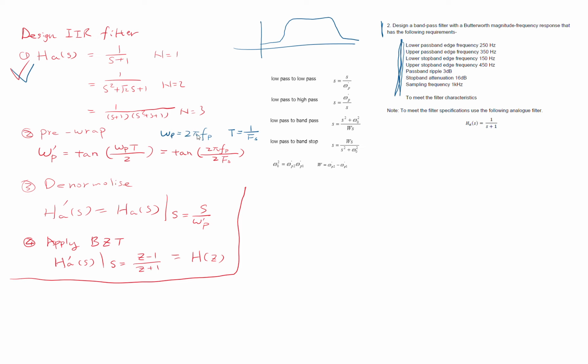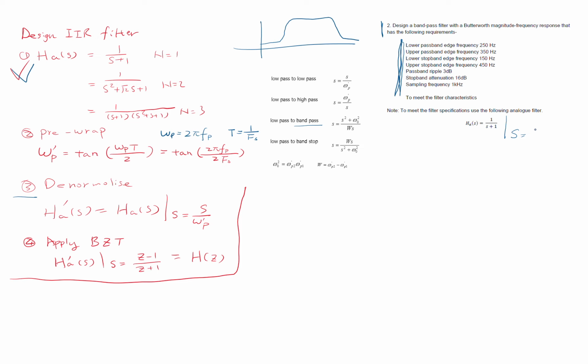Alright, so the key step here is still the denormalize step. We need to use this template and replace this S with the bandpass filter expression. We're always going from a low pass to a band pass, so we choose this one.